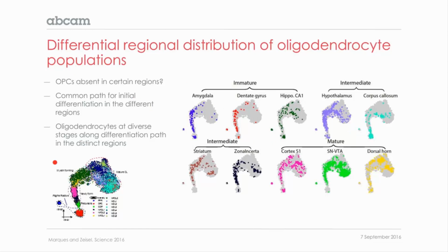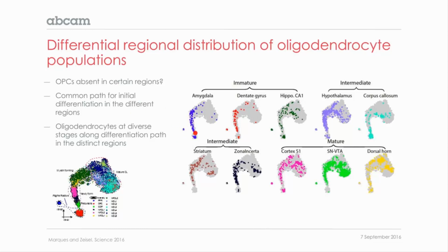And one thing that we have detected was, for instance, that in some regions like the striatum and the substantia nigra, we could detect very low numbers or even none of oligodendrocyte precursor cells, which we still don't know if it really reflects the absence of these cells in these regions, or if it is a technical question of the method at this point.